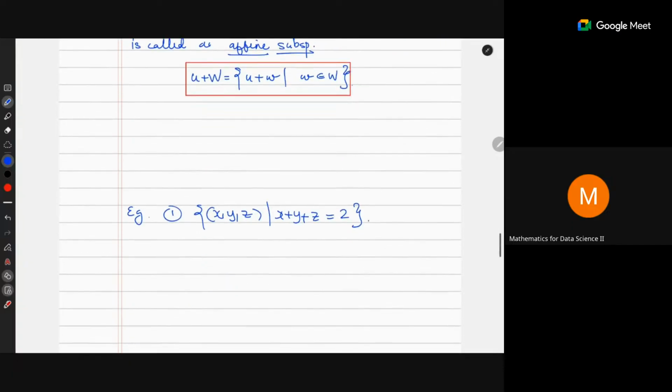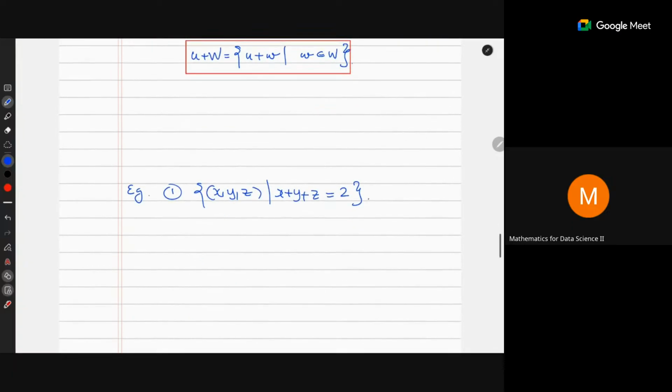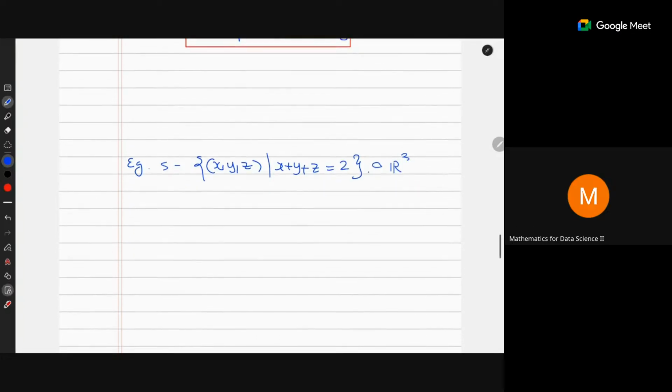Here is an example of an affine subspace. Clearly this set is a subset of R3. The claim is that it is an affine subspace. In order to say that, I need to find a vector space W of R3 and a vector U in R3. One thing about affine subspaces is that they don't contain the zero element.